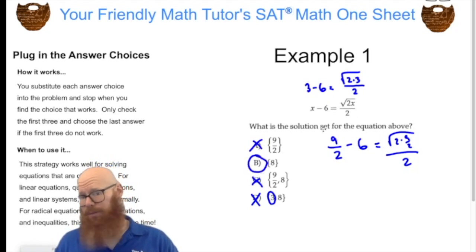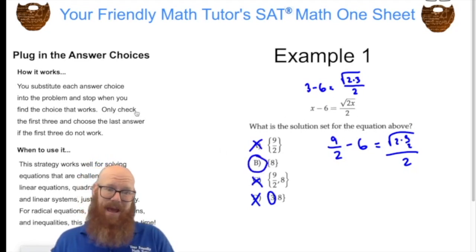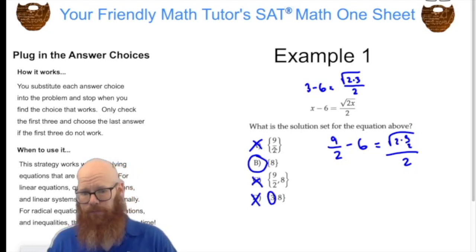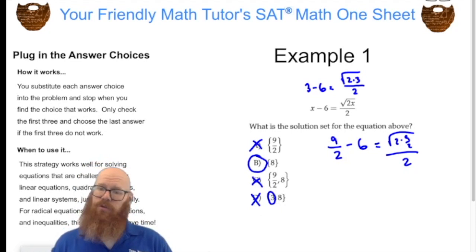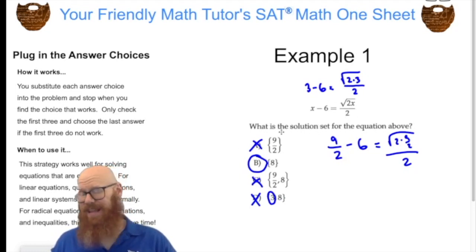You can certainly plug 8 in to see, but as it says over here, we don't have to worry about that because we know it doesn't work for 3 of the answer choices. So the 4th answer choice must be the answer. This is a way to check our answer choices in a strategic way instead of solving it the normal way, which in this case I think would be quicker.